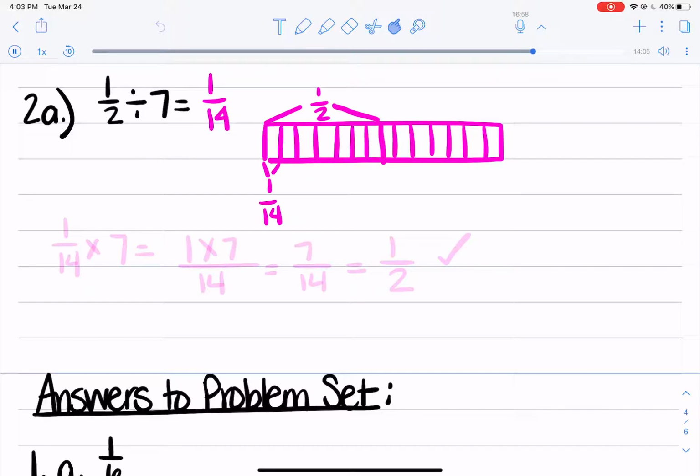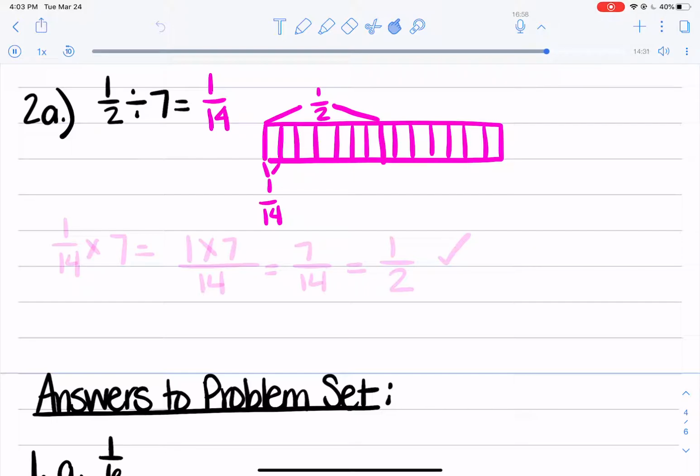All right, let's go to the next one. Do I have a next one? Oh, I didn't write a next one in yet. Okay, let's go to one where we have to check using multiplication. So let's do the first one, check using multiplication. Oh, all right, so it's the same one. 1/2 divided by 7 equals 1/14.